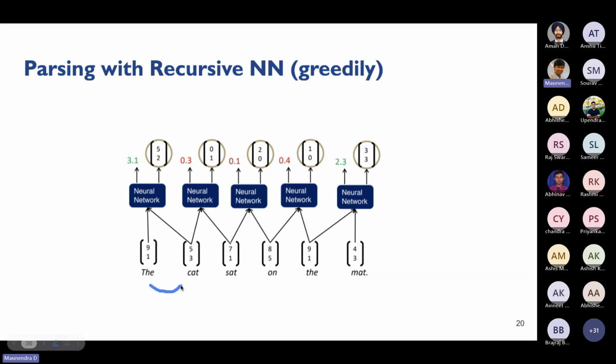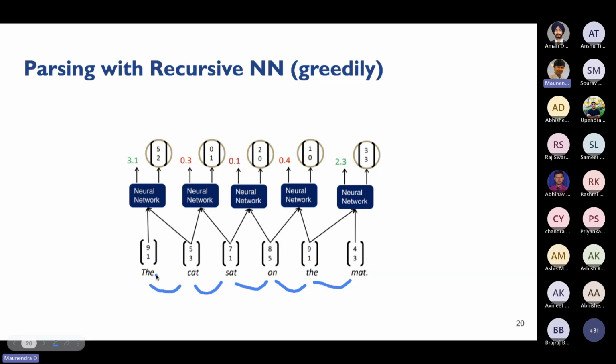For the and cat, what is the strength of this connection? That will be given by a neural network. Then for cat and sat, we consider what the score is if we combine them. Similarly sat and on, and the and mat. These are denoted by these merges.